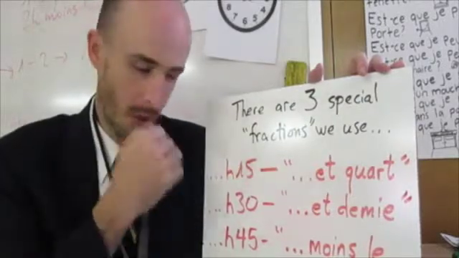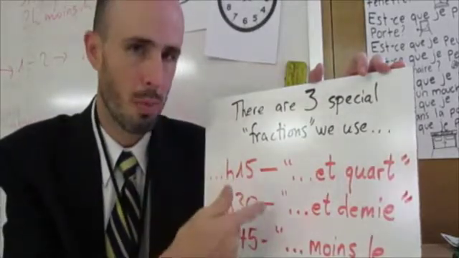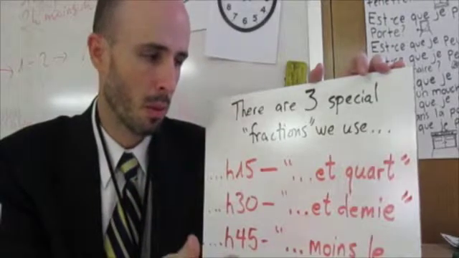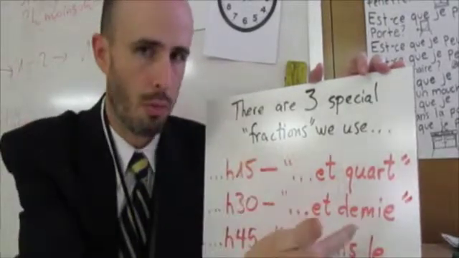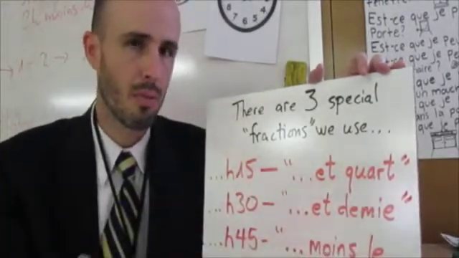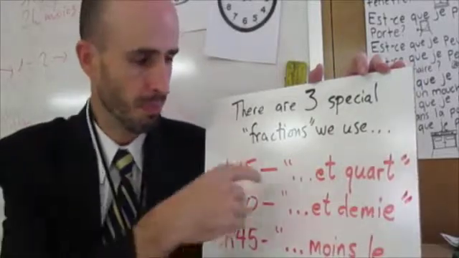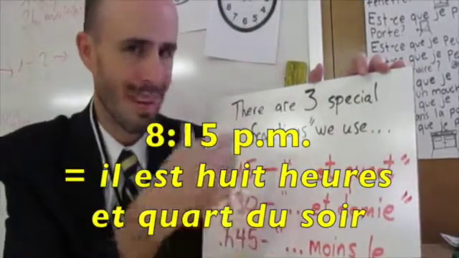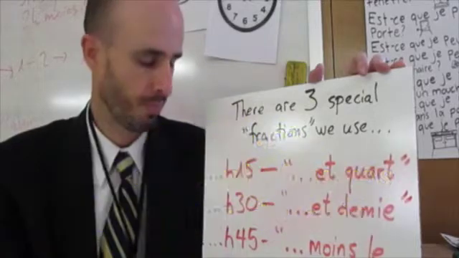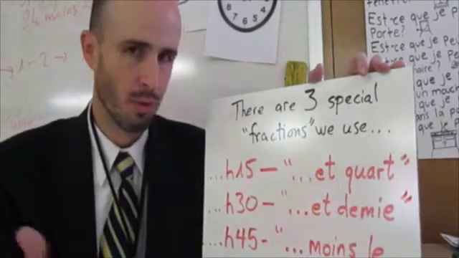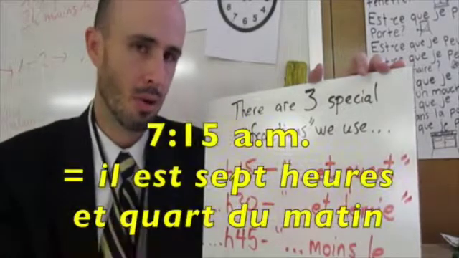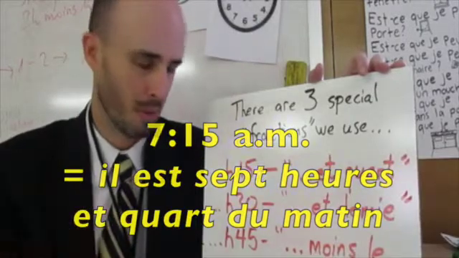We have a special fraction for quarter past the hour, 15 minutes past. We say et quart. So for example, 8:15 p.m. would be il est 8h et quart du soir. 7:15 in the morning would be il est 7h et quart du matin.